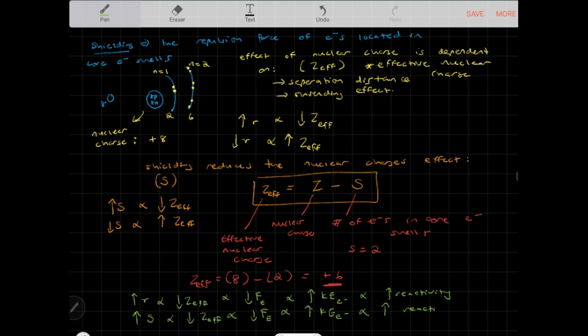You can think about the converse case of this. But it's really important to understand the effect of separation distance and shielding on the effective nuclear charge. At the end of the day, we need to assess the kinetic energy of electrons. That's how we can understand how chemical reactions will occur.